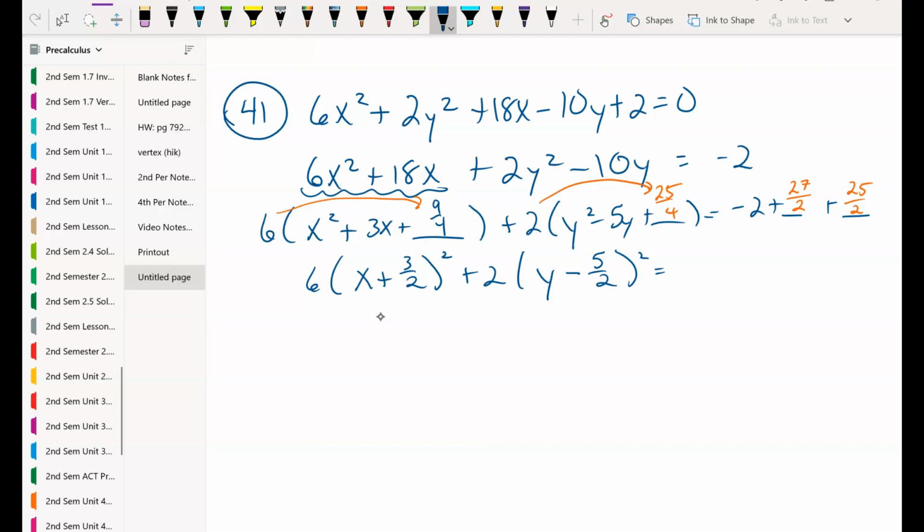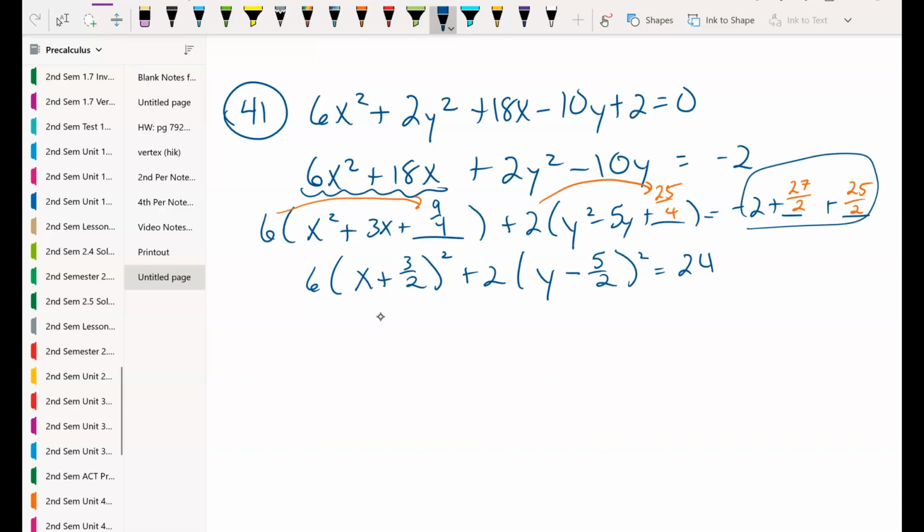That's going to give us 52 over 2. But we have a negative 2, which is going to be a negative 4. So 52 over 2 minus 4 is going to end up being 48 over 2, which is equal to 24. So here's the other way of doing it. It's much easier. Put that all on your calculator and tell me what you get.